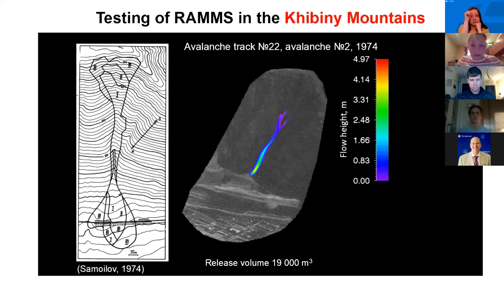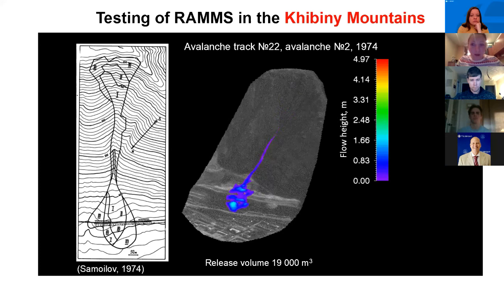So the first and probably one of the most important steps was the calibration of RAMMS, because this model was developed in Switzerland, and our first goal was to understand whether it's really possible to use it in the Arctic, in the Russian Arctic, or not only in the Russian, because of these very special features of mountain regions. And we tested RAMMS.